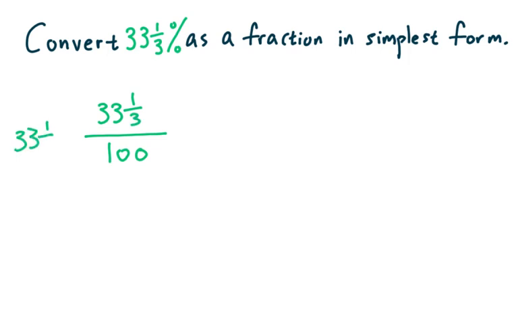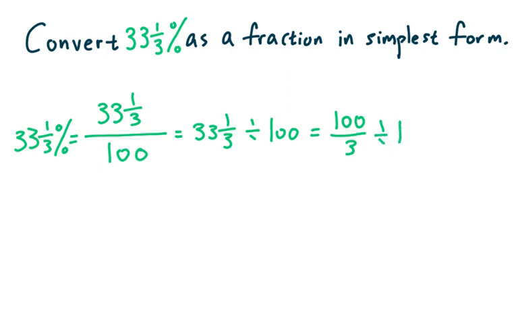Like we said before, a percent is a comparison of a number and 100. And then we can write it as 33 and 1/3 divided by 100. And now we have to convert our mixed number as improper fraction again. So 33 times 3 is 99. 99 plus 1 is 100. So this is 100 over 3 divided by 100 over 1.